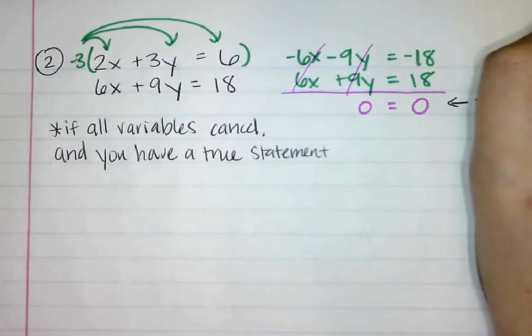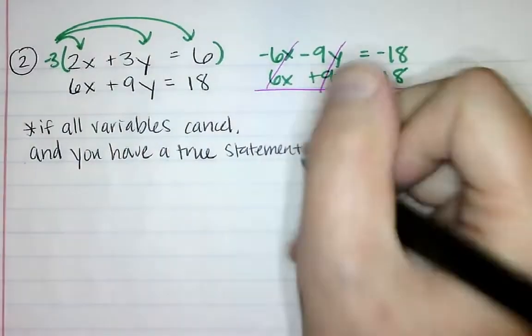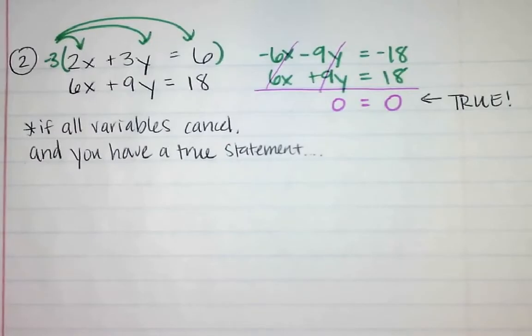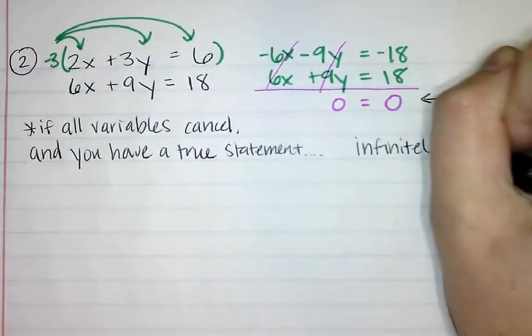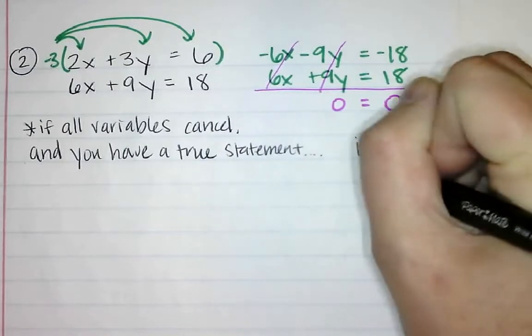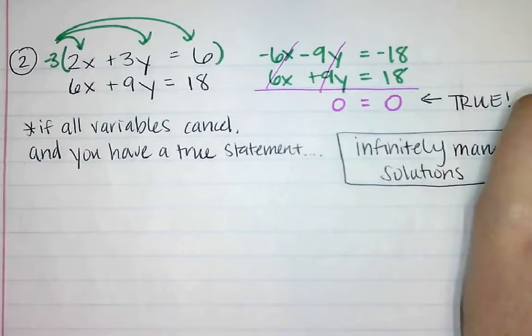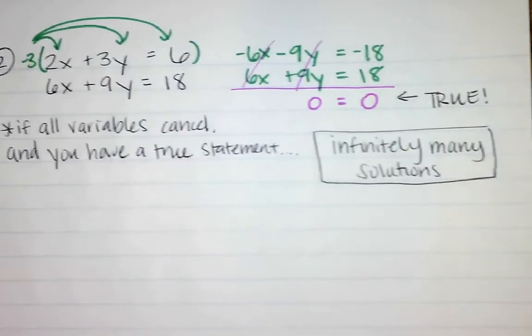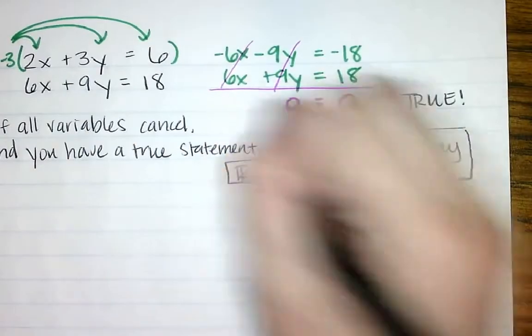Then how many solutions do I have? Infinitely many solutions. Or another way that you guys like to write that is with all real numbers, right? So you could say the lovely little all real numbers. So you have infinitely many solutions.